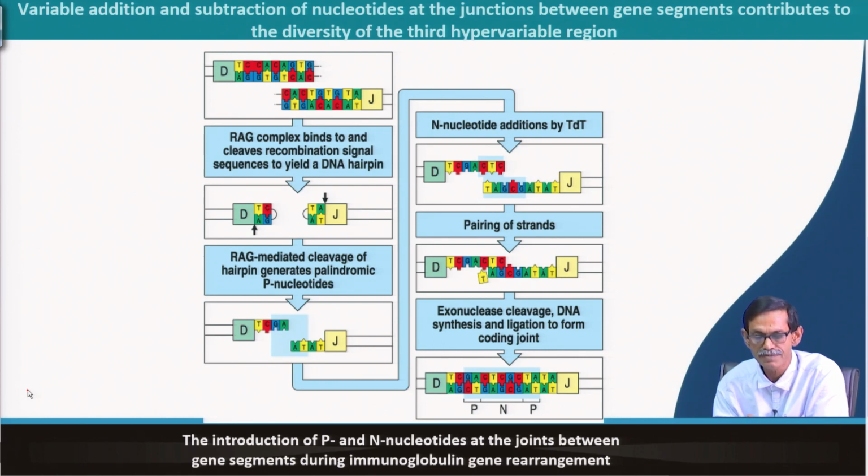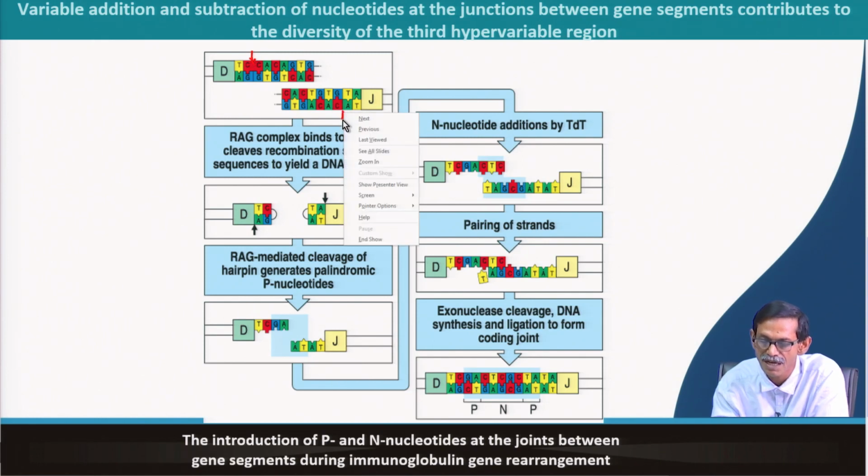So, the RAG complex binds to the recombination signal and cleaves that signal, and where will it cleave? You see this, it is cleaving just after T and C.